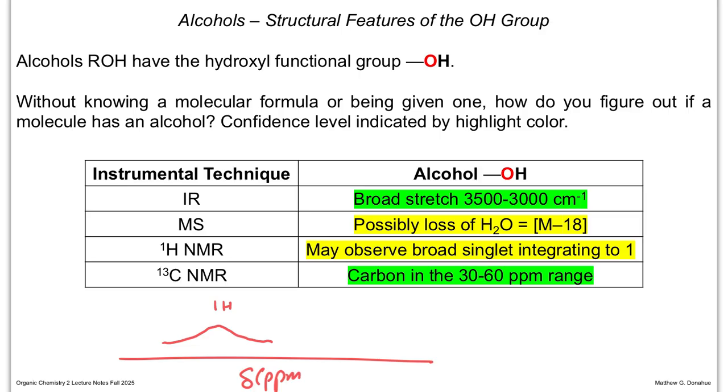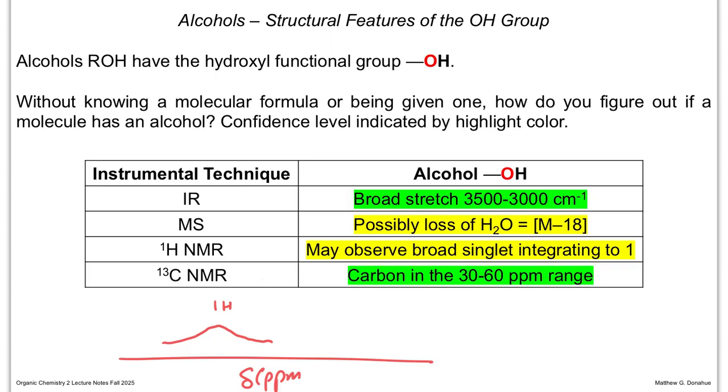They go up, then kind of down. If something's broad, again, that's due to hydrogen bonding. And the reason you may not see these is based on the acidity of the OH group, that it can exchange, and so you don't have direct evidence of it.